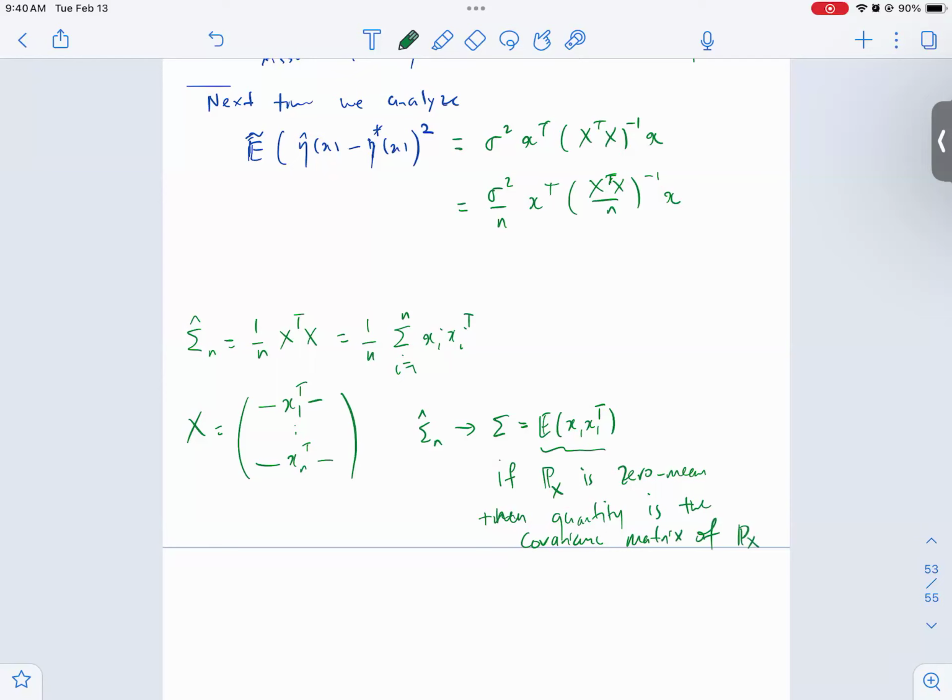So the assumption is that this part, sigma hat n, is going to converge, and with high probability it's going to be close to sigma. So for large n, this is approximately sigma squared over n, x transpose sigma inverse x. So that's how it behaves.